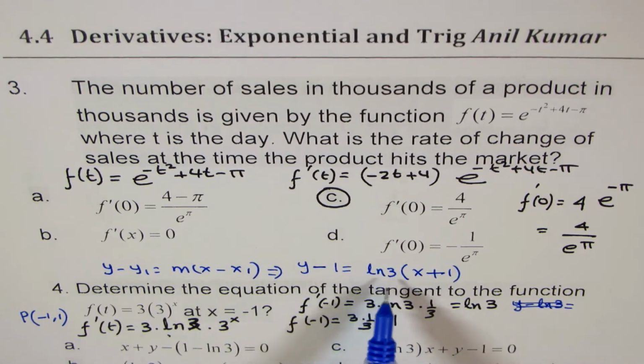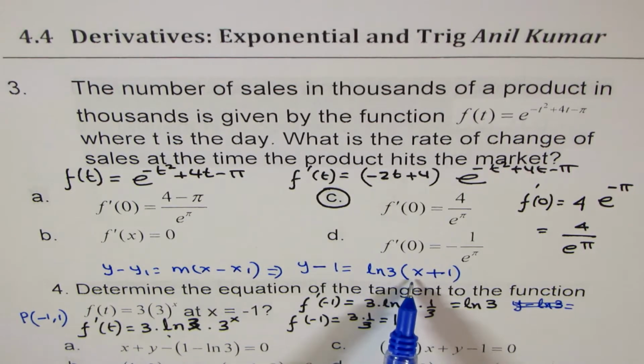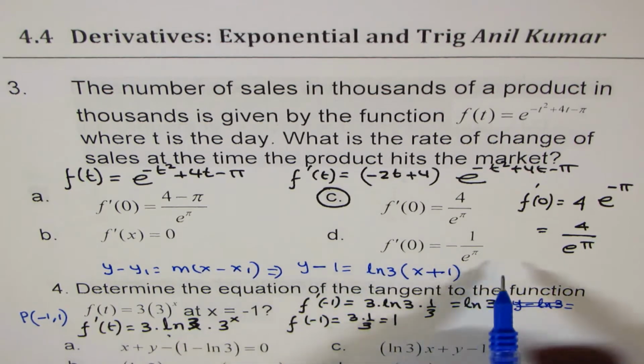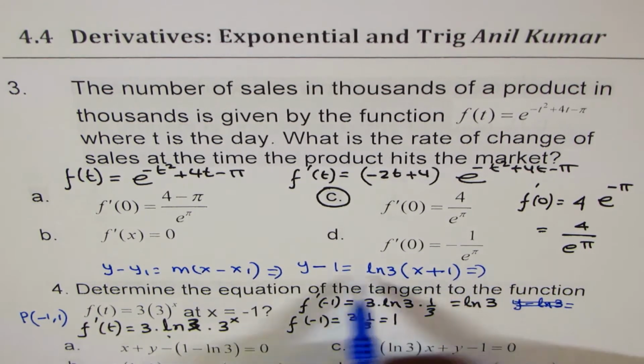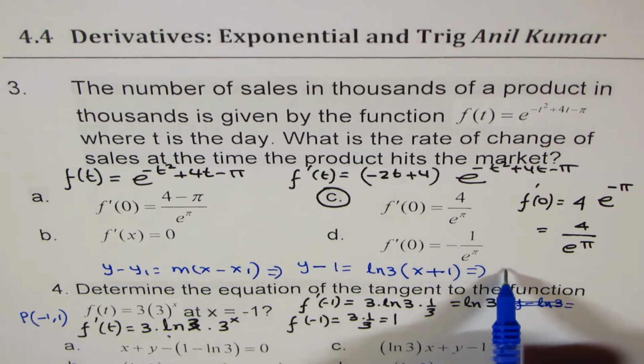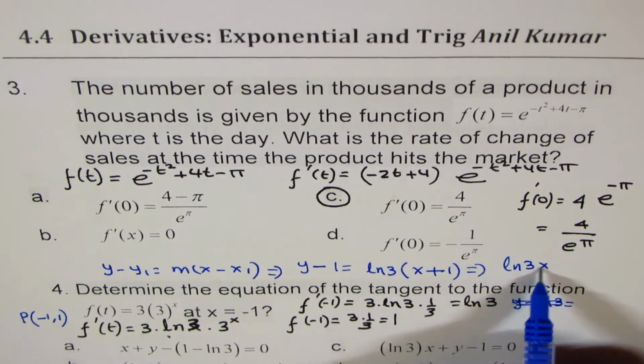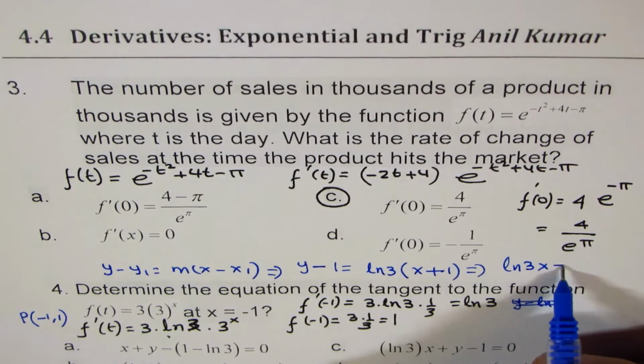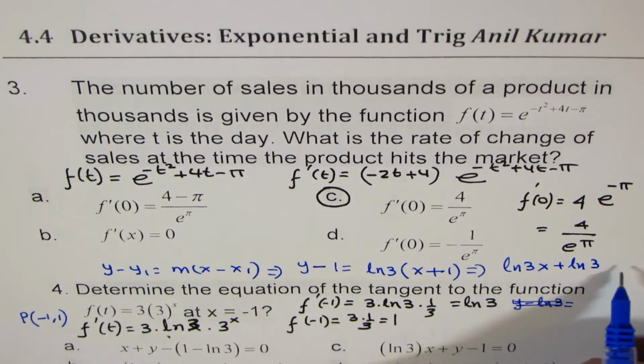Now we need to just reorganize this to get the right answer. So we have ln 3x. Let's open this to get this kind of a result. We'll write all these on the left side. So ln 3x, let's open this: we have ln 3x plus ln 3.